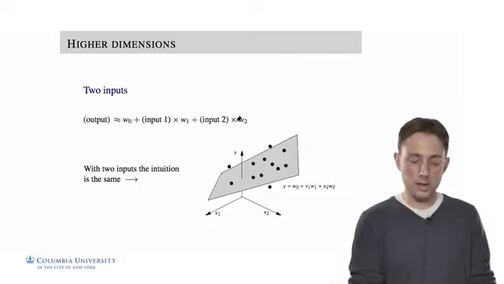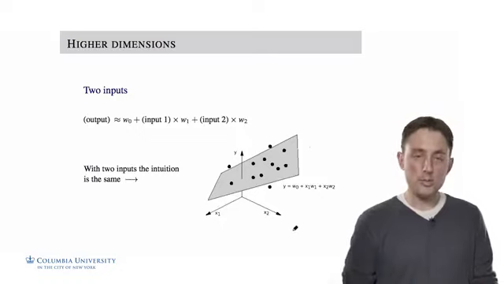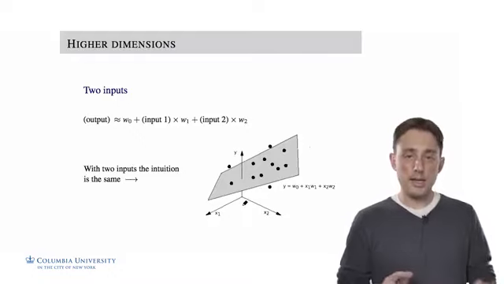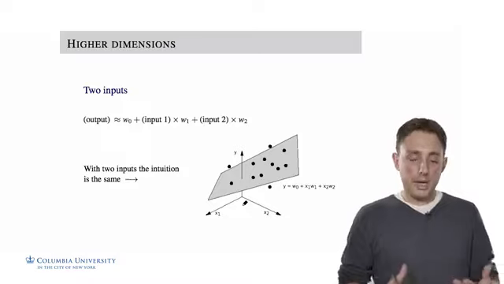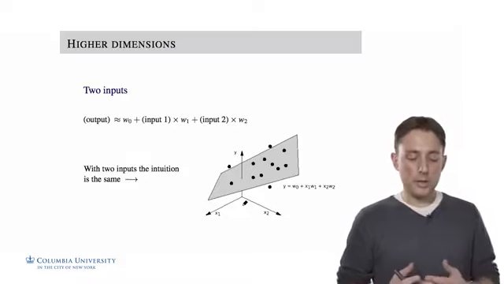In this plot you can see this, where the inputs are two-dimensional and the output again is one-dimensional, and instead of a line in this case we're learning a plane through the data. But again, it's a very simple linear function of the weights.